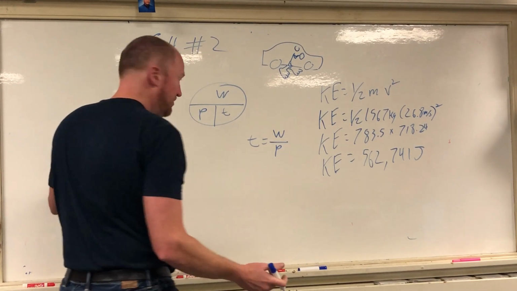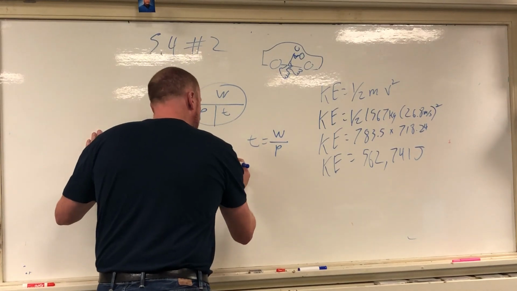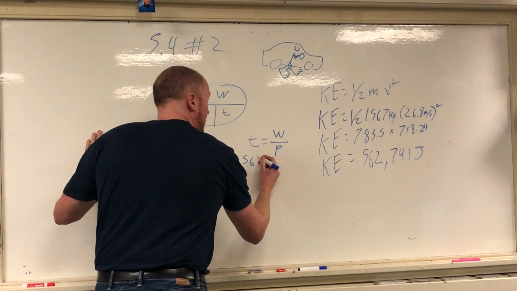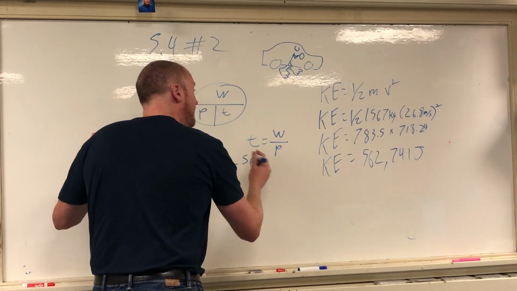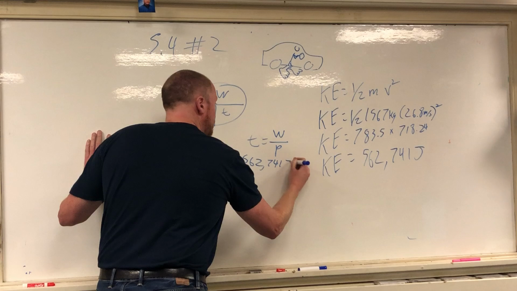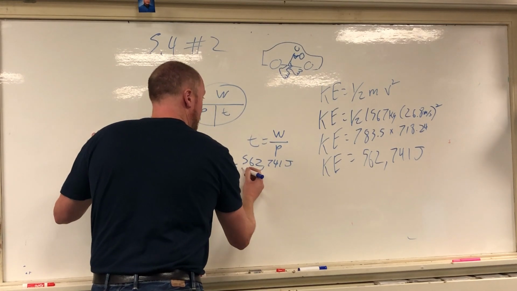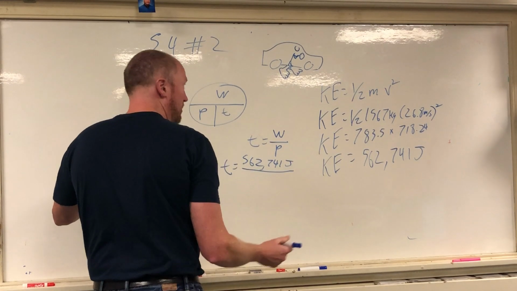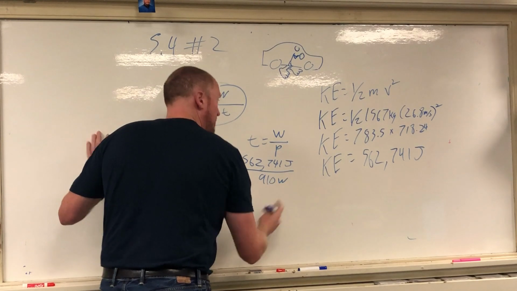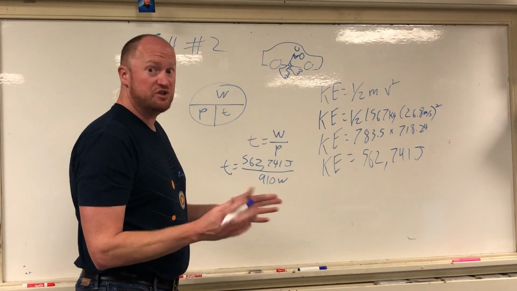Now in our case, the total work that was being done is equal to 562,741 joules. Divide that by your power. My power was 910 watts. By the way, your power is going to be different.